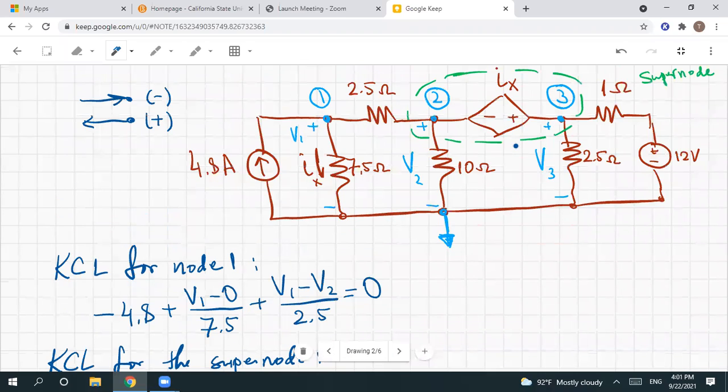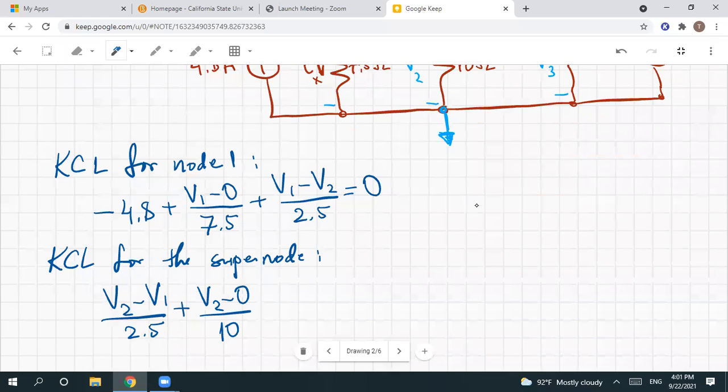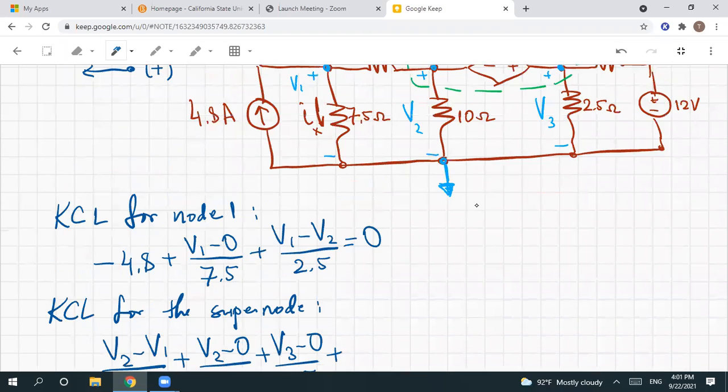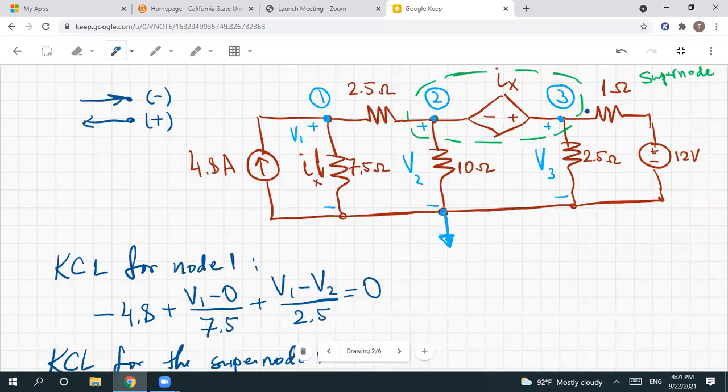And now I will go to the other side of the supernode because I have only 2 here and I have another 2 here. So this current going downward, it will be V3 minus 0, the reference, over 2.5. So it will be plus V3 minus 0 over 2.5, and plus the last current, which is going in this direction, it will be V3 minus 12 over 1.